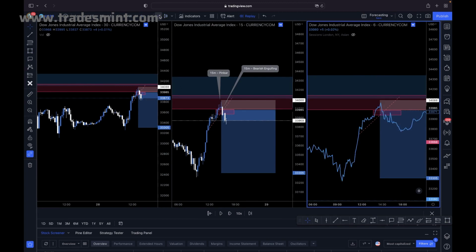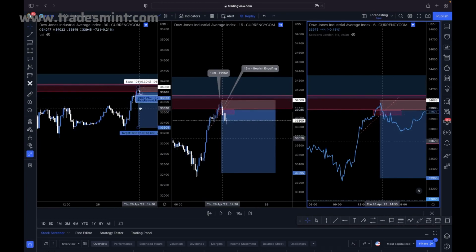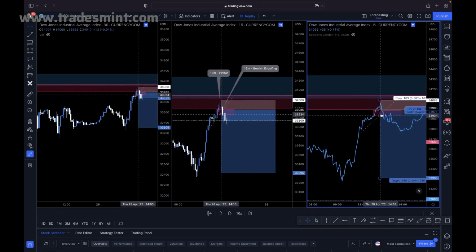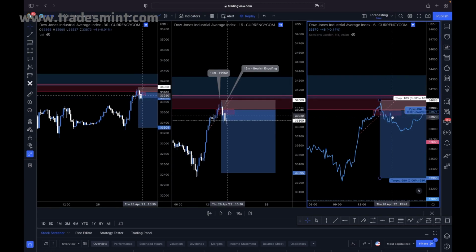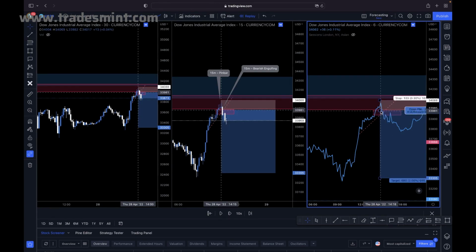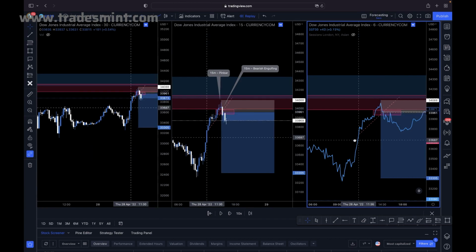Look at this. It struggled. It made the 15-minute candle, 30-minute candle, and here's a resistance that it can't break on the 5-minute. This is just giving us more confirmation for us to enter into the trade.